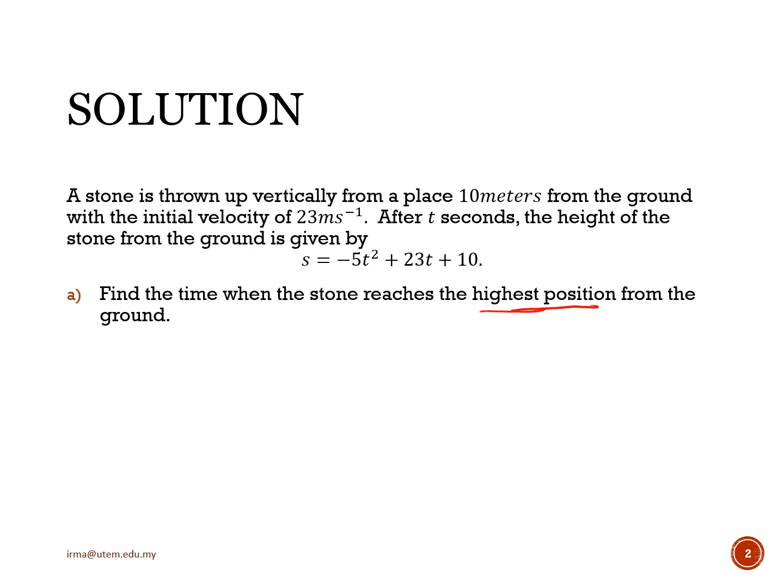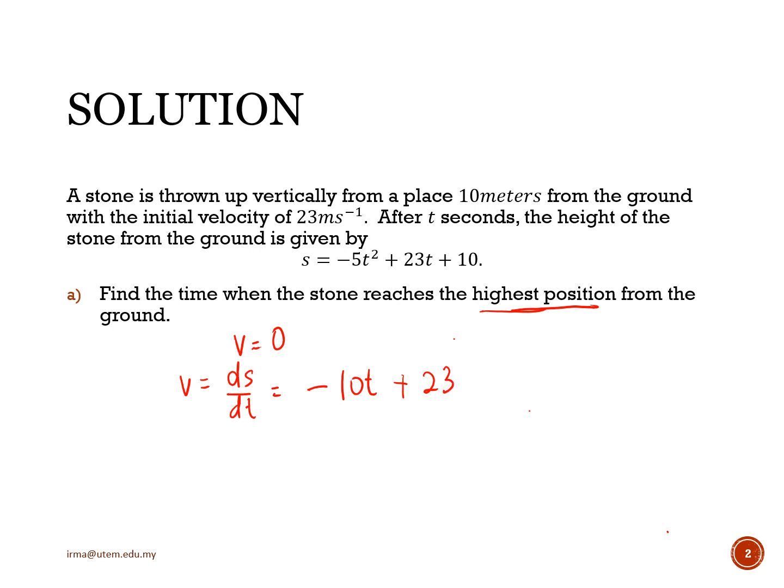Okay, so highest position means we have v equal to 0. And we have v which is equal to ds over dt. So what we need to do is to differentiate s with respect to t. So differentiating s, we will get -10t plus 23.